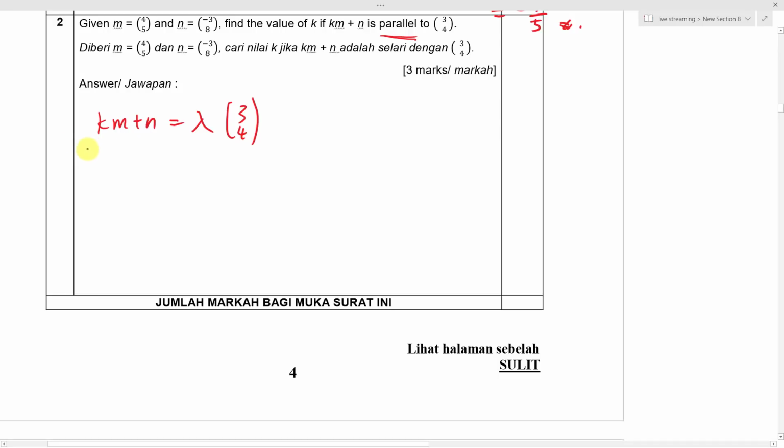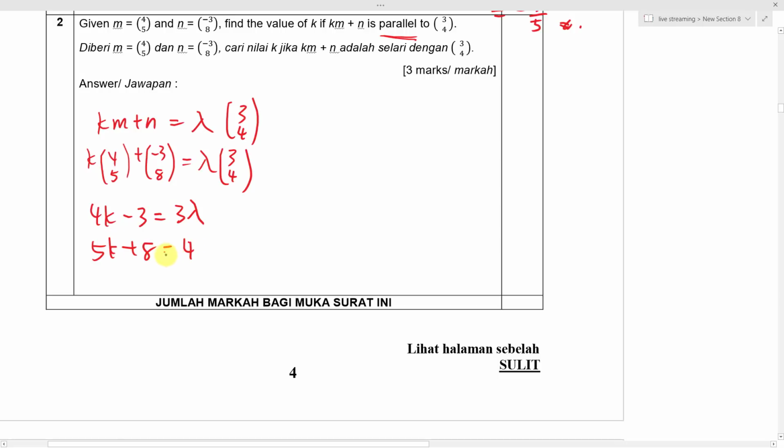So over here, I will insert my values, plus (-3, a) equals lambda (3, 4). Basically you should know it's a simultaneous equation. So I will say 4k minus 3 equals 3 lambda. And then we have 5k plus a equals 4 lambda.